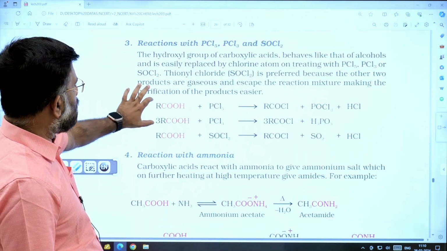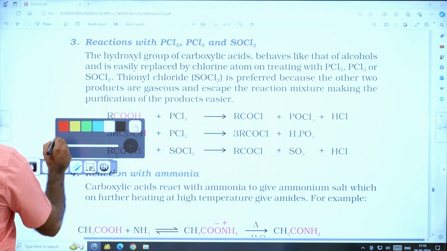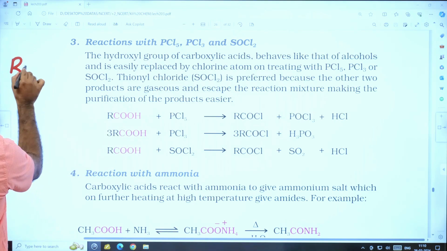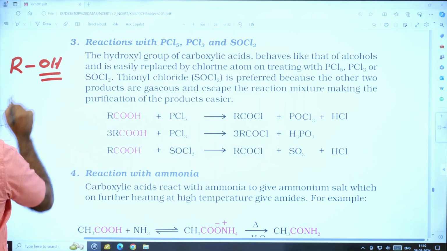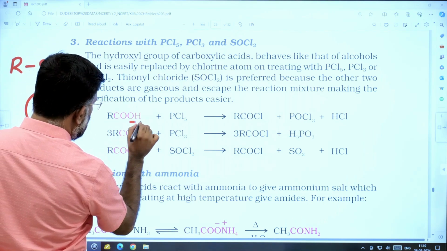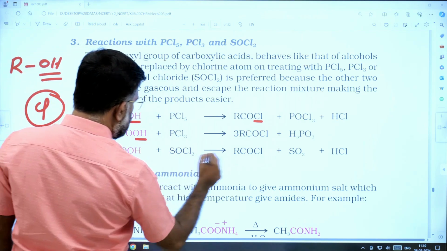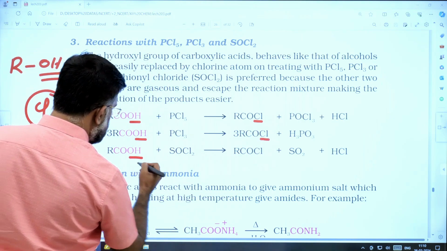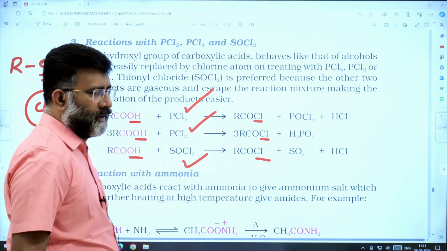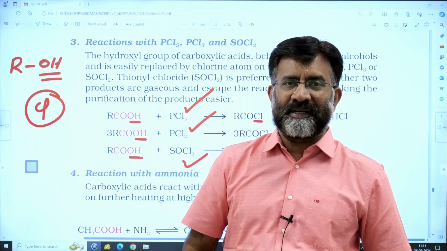Now, reaction with PCl5, PCl3, SOCl2, quite similar to alcohol. The way the alcohol OH group is replaced by chlorine, you can see the carboxyl group OH is replaced by chlorine. All these reactions we are learning in the chapter haloalkanes and haloarenes, preparation procedures.